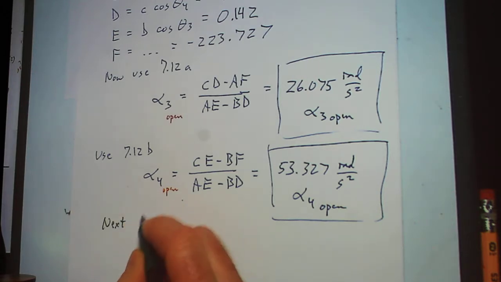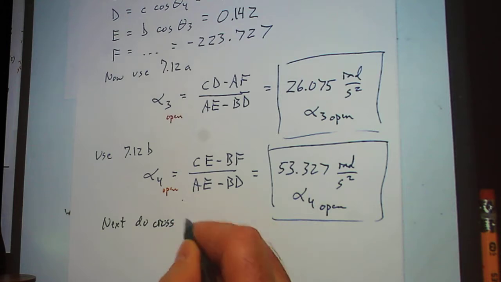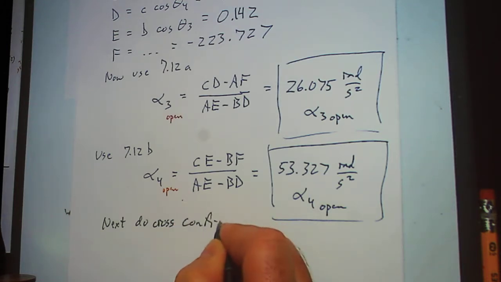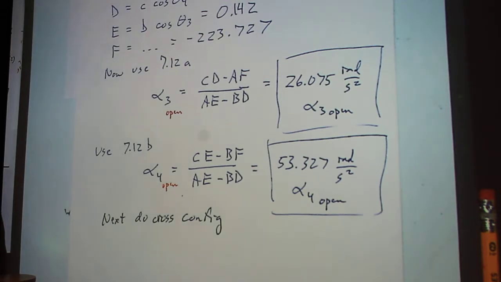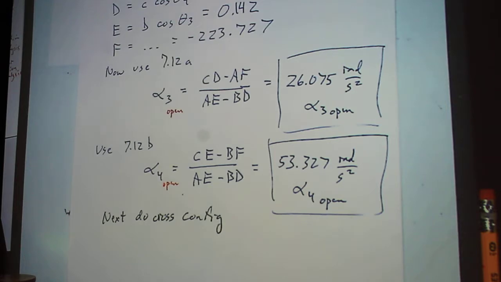Next, do cross configuration. Where I know that, yeah, the thing that I did not put down. Let me go back to this one here. This is kind of important.